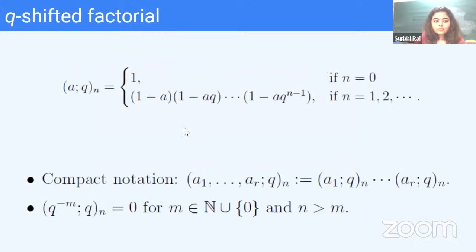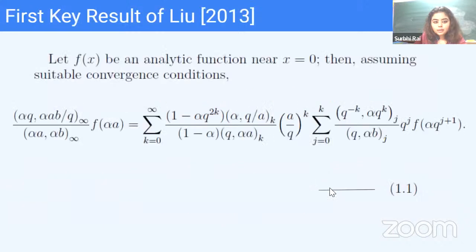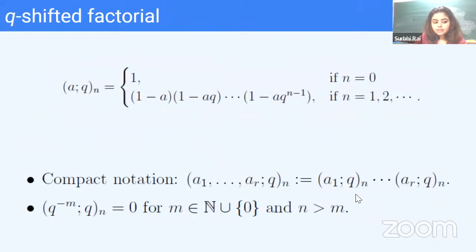Basically, (a;q)_n for n a positive integer is a finite product of this form. When n is infinite, we require the absolute value of q to be strictly less than 1 for convergence of the infinite product. And when we have r variables, say a_1 to a_r, we use this compact notation instead of writing it as a product of these factorials.